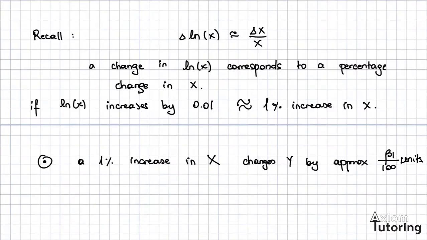Because keep in mind that what we mean by 0.01 is literally 1 over 100. So that's why it is approximately beta 1 over 100 units. This is the core interpretation.